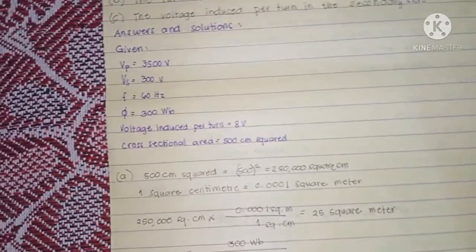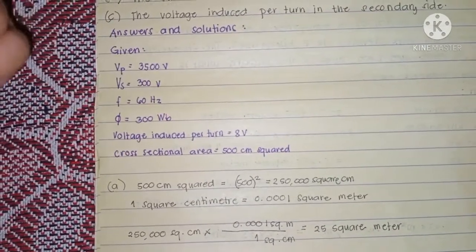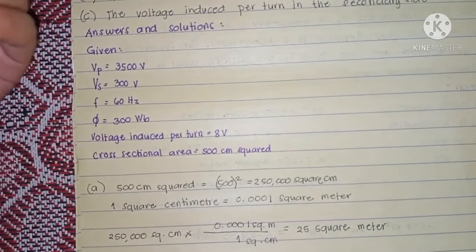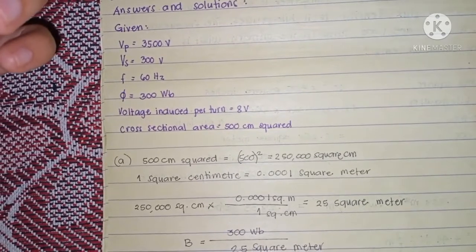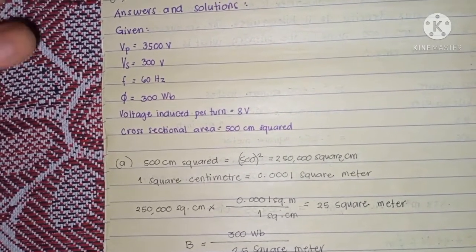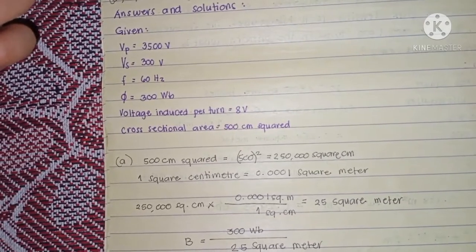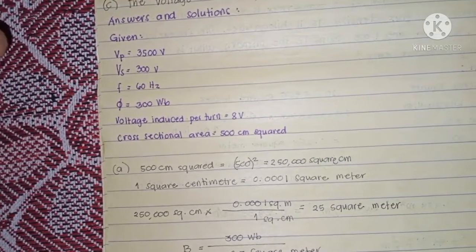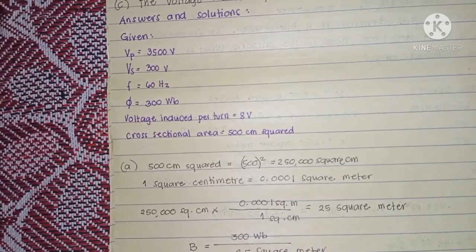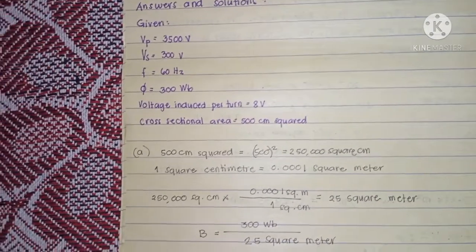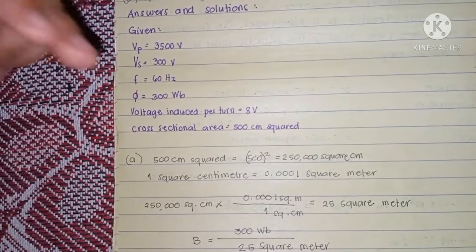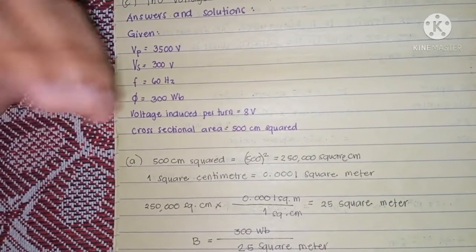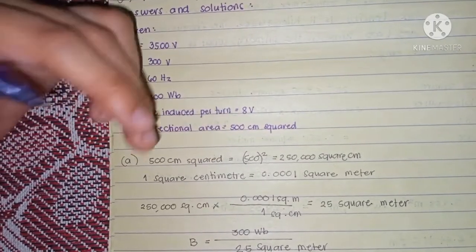In our solution, by the way, for the given cross-sectional area, 500 centimeters squared, actually centimeters squared is not equal to squared centimeter unless the value is 1, then it is equal to 1 square centimeter. Why? Because centimeters squared means a dimension.